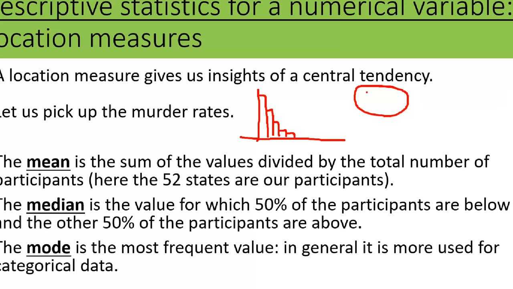Let's say you have a group of 20 people. Most of them earn less than 5,000, which currency? Well, let's say euros.